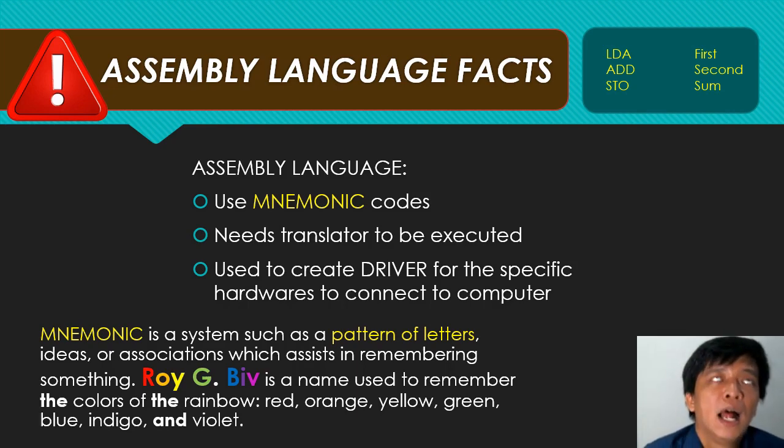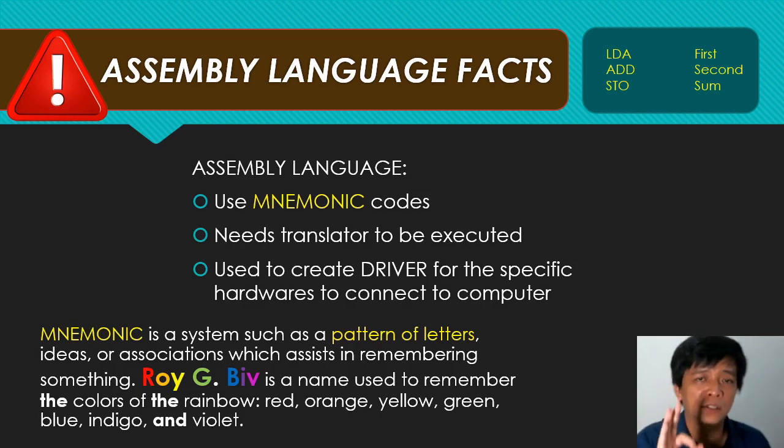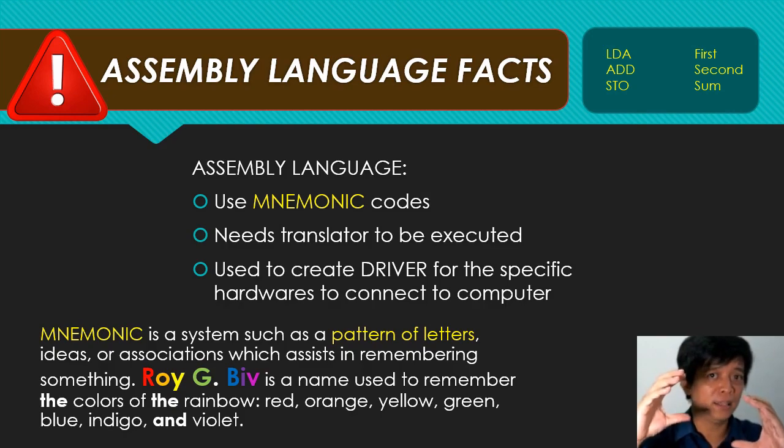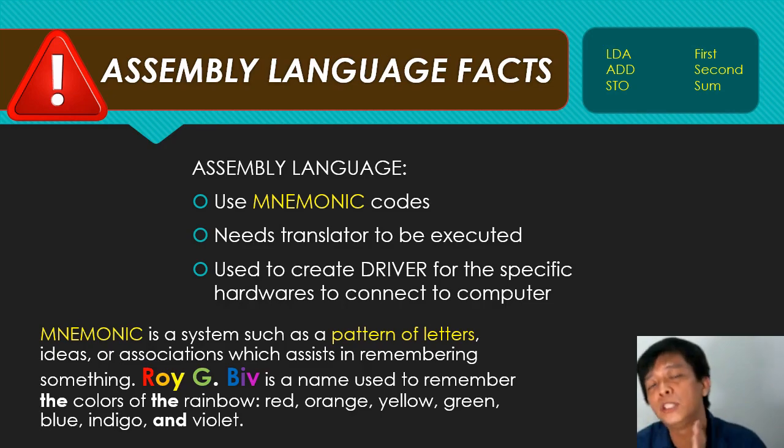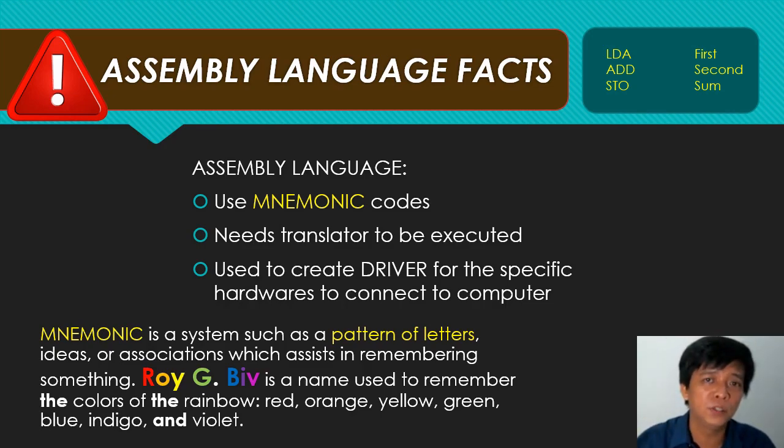Like a high-level language, it needs to be translated into machine code, which is 010101. From high-level language, translated into a machine language. And assembly language, this one, LDA first, add second, STO sum, also needs a translator to become machine language, 0101. It also needs a translator.